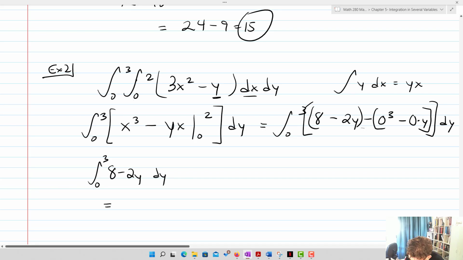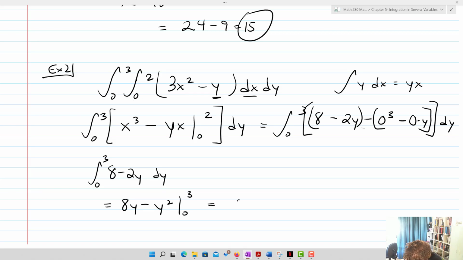And now this is going to give me 8y, and minus y squared. I evaluate this from 0 to 3. This ends up equaling 24 minus 9 minus 0 minus 0, which is 24 minus 9, that's 15.